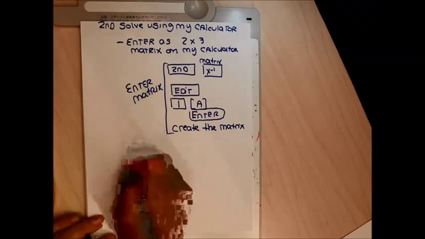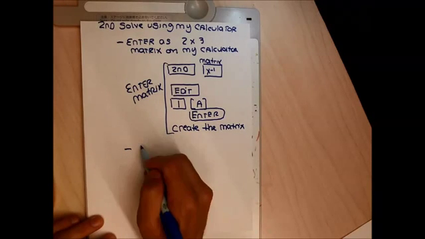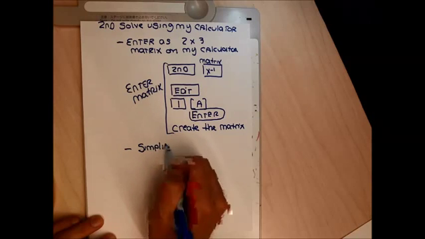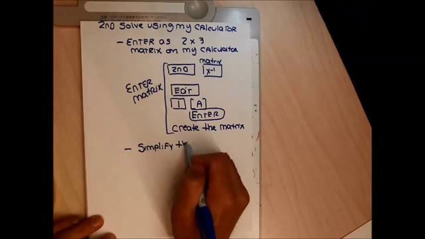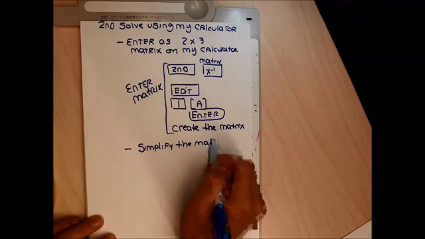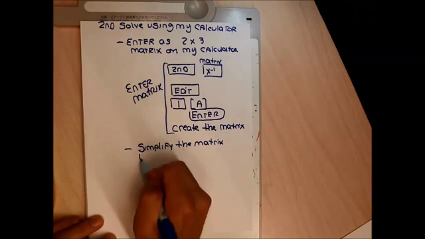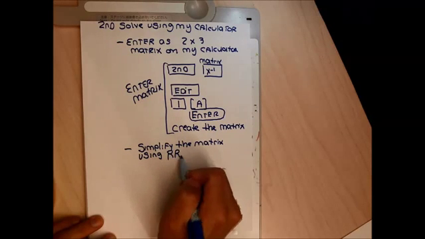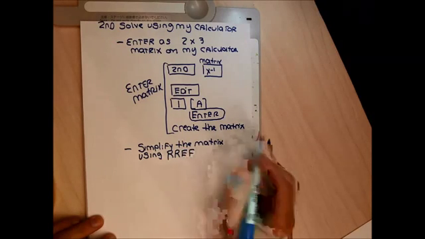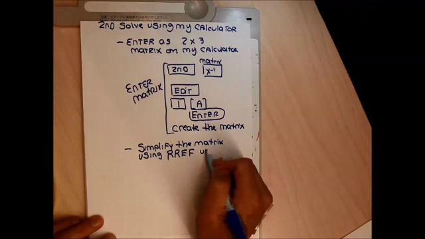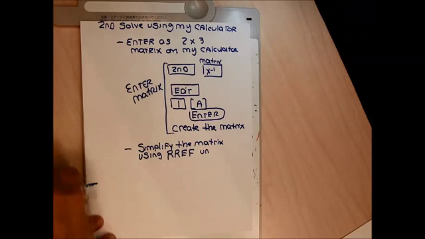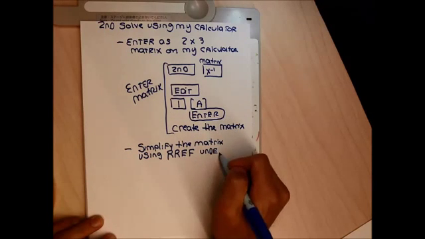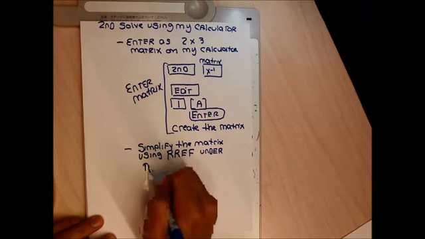After I get the matrix entered, I want to simplify the matrix using something called RREF, which means reduced row echelon form, under the Math tab.